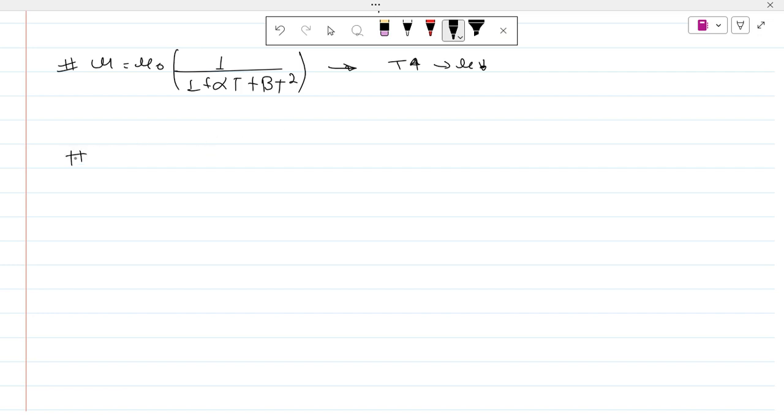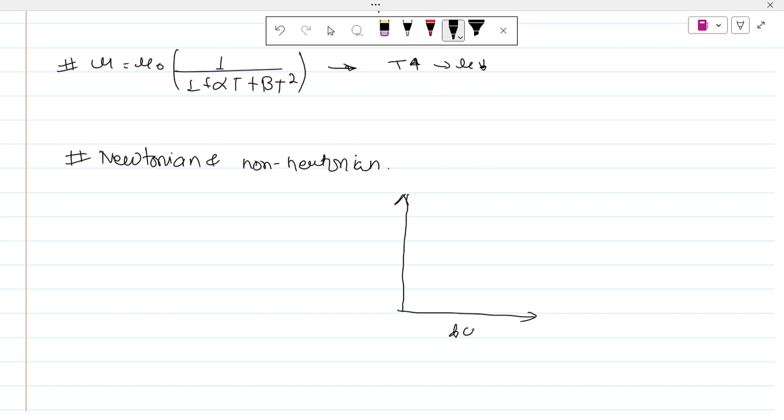And we will talk about Newtonian and non-Newtonian fluids. We can study Newtonian and non-Newtonian fluids through this graph. If this is the strain rate and this is our shear stress, then this graph where shear stress is proportional to strain rate is Newtonian.